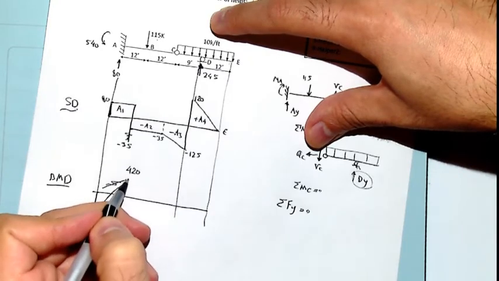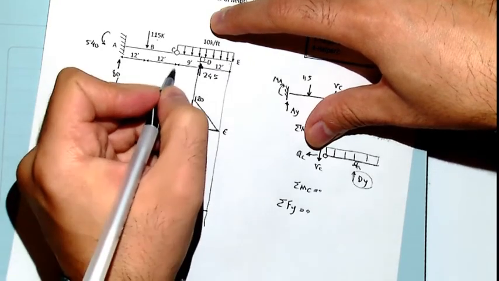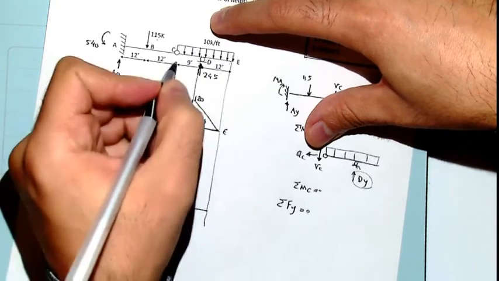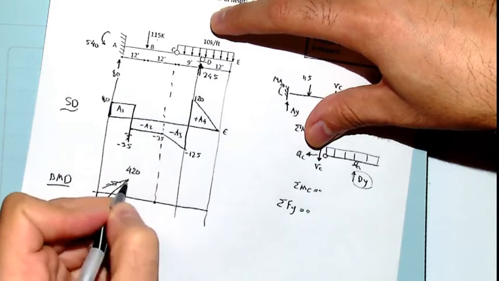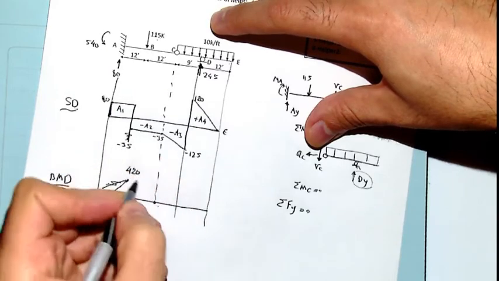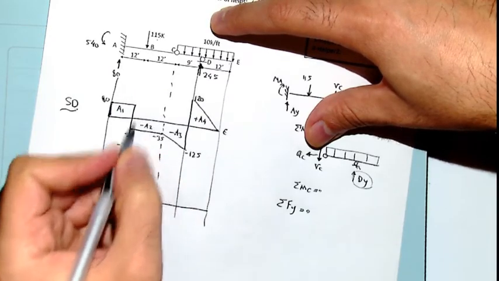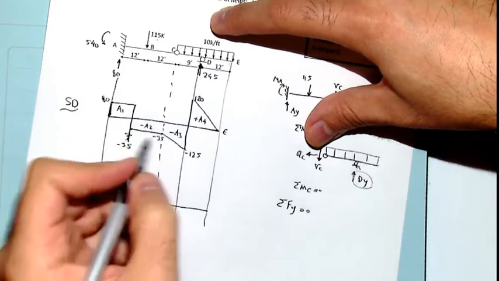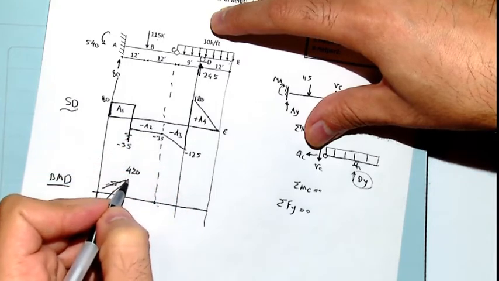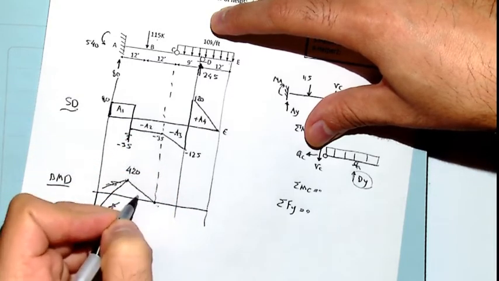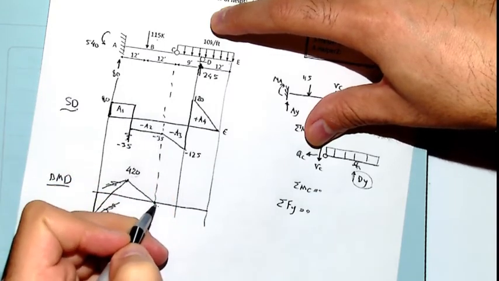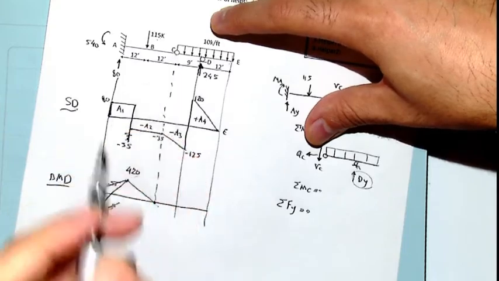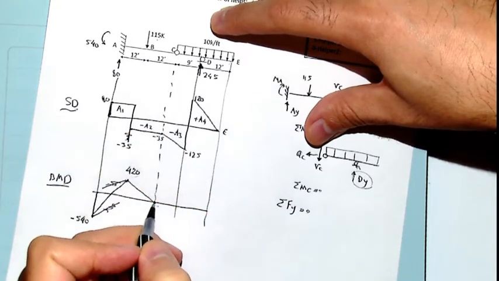At point C, there is one hint for this question. When we have the hinge, definitely moment is 0, so I have to reach 0. It's a straight line, so it should be minus, because the area is minus, and it should be linear to reach 0. If this area plus this numerical is not 0, my calculation is wrong, because hinge means there is no moment at this point.